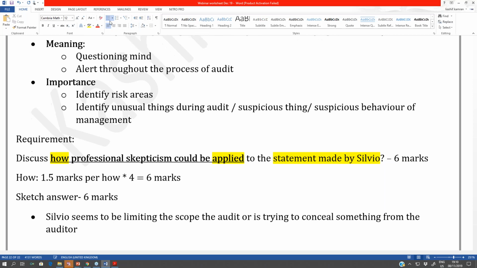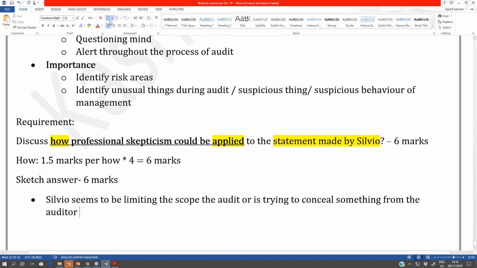Because he's saying, I think my file is enough, right? So it seems as if he's limiting our scope, or as if he's trying to conceal something from the auditor. Should the auditor be skeptical about the statement? Definitely yes, because this is a very strange statement.